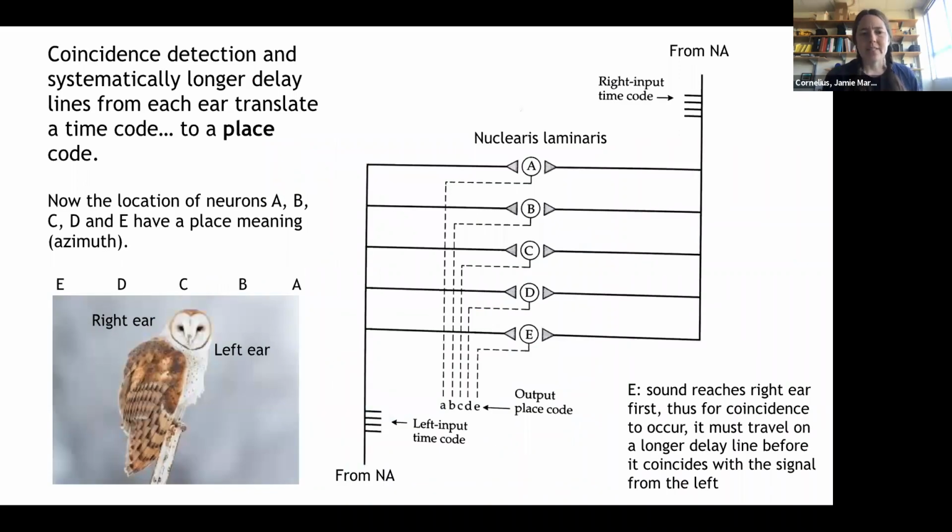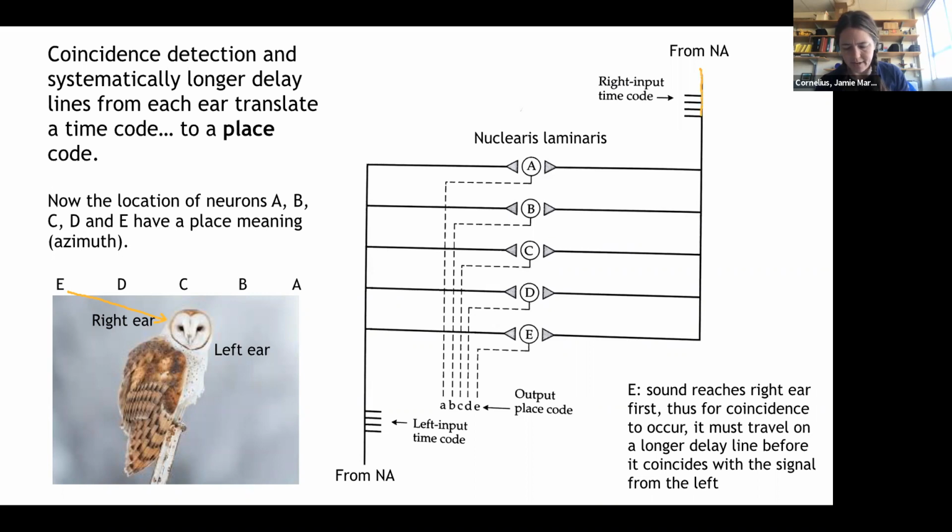So we have coincidence detection and systematically longer delay lines from each ear that translates a time code into a place code. And so again, this is the same thing we saw before, where you have sounds coming from different regions of space. So let's say a sound is produced at E, then it's going to reach the right ear first.